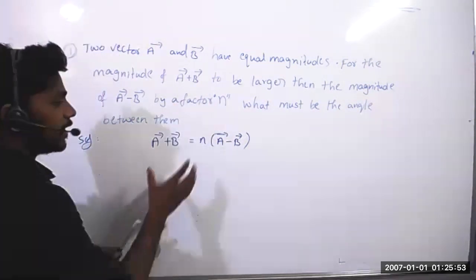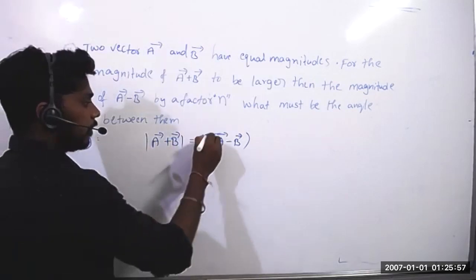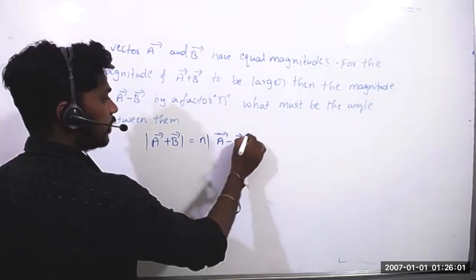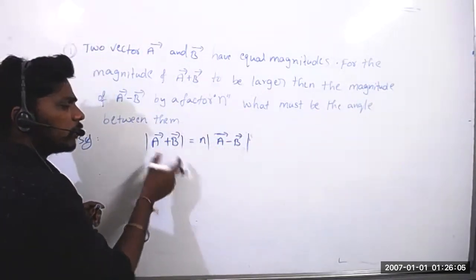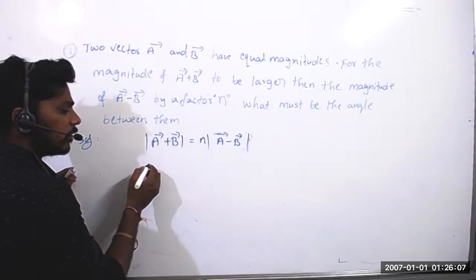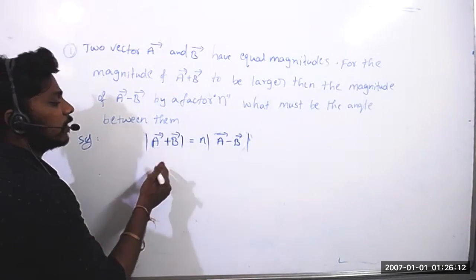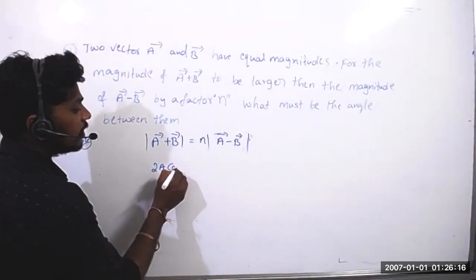Angle. Understand clearly now? Now A bar is the magnitude, okay? Remember, both vectors are equal. So how much resultant will you get? If A bar plus B bar, both vectors are equal, what is the resultant you got? Come on. 2a cos theta by 2.